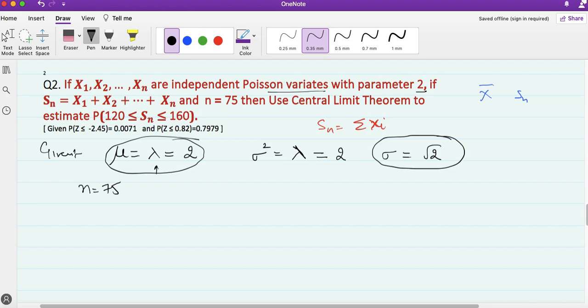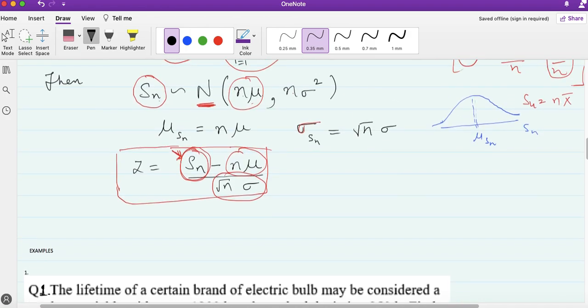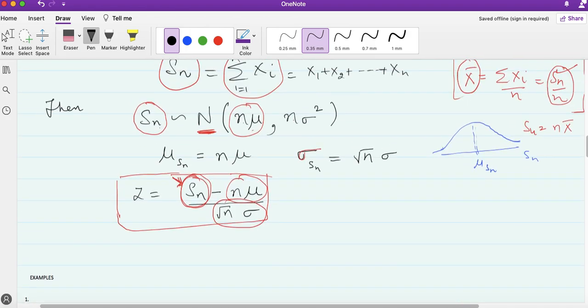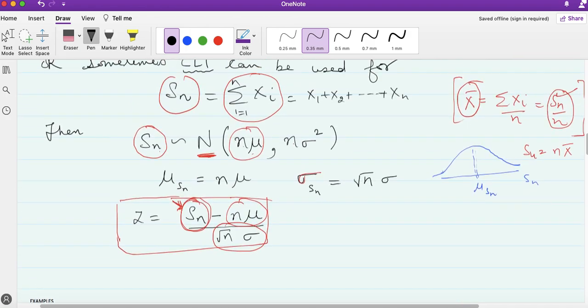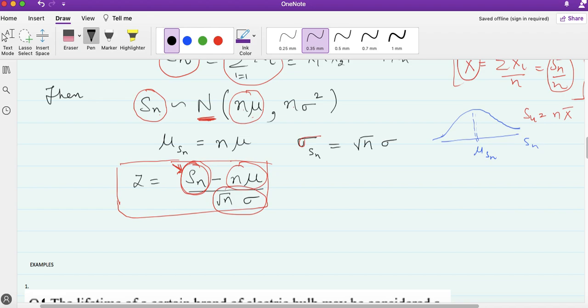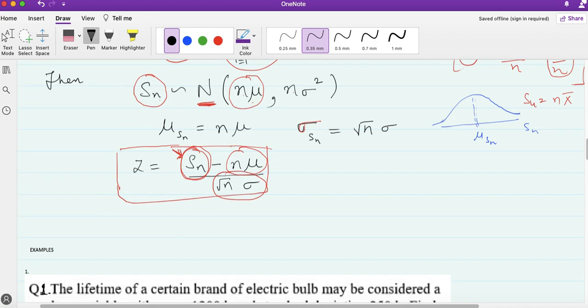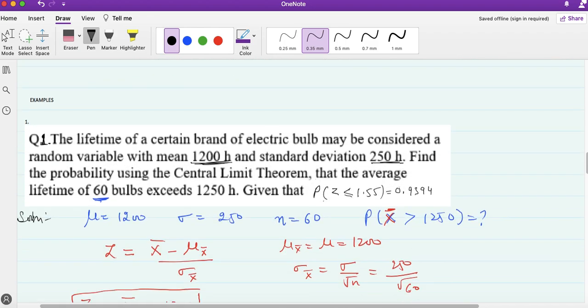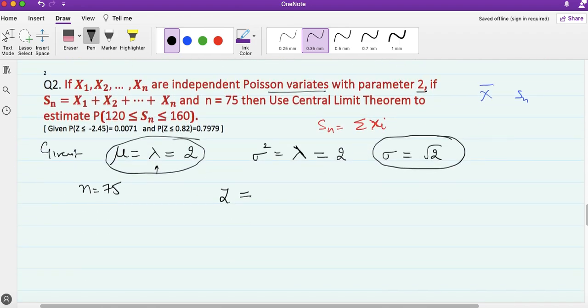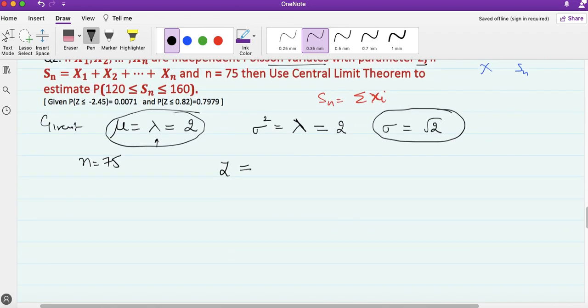What is left? We want to write down my z value. You can convert your question into x bar also, but I don't think it is required. We can rewrite our formula for Sn. When there is an Sn, n is multiplied with mu and root n is multiplied with sigma. So we can modify our z. When my variable is Sn, my mean will be n times mu, and my standard error will be root n times sigma.